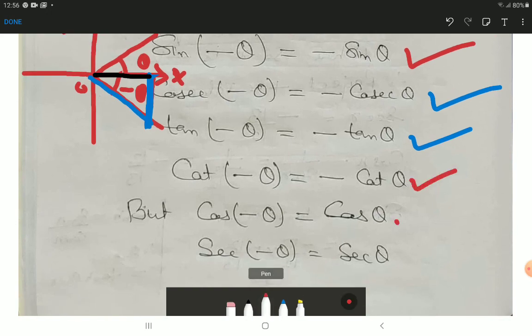But cos of minus theta is the same as cos theta, because cos is base upon hypotenuse. Base in this case is positive and hypotenuse is also positive. So cos of minus theta is cos theta. And similarly, sec of minus theta is sec theta.